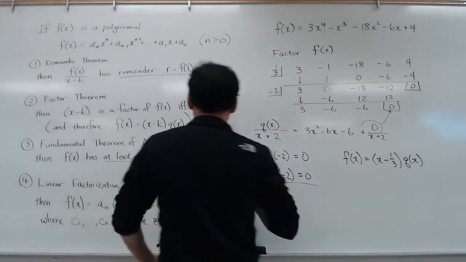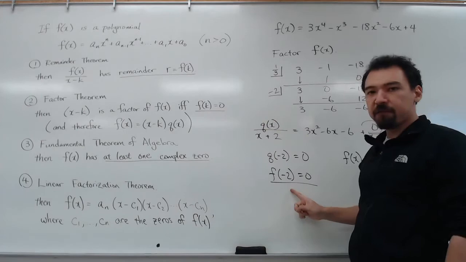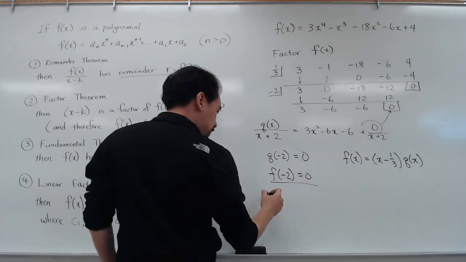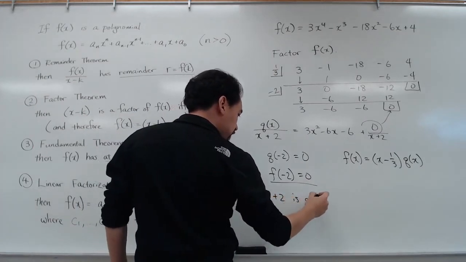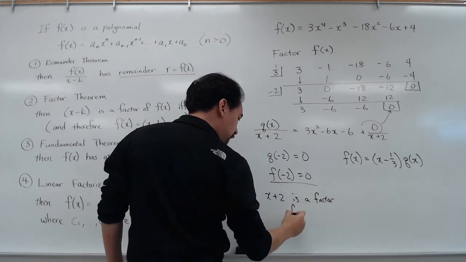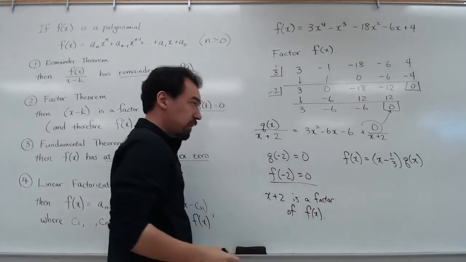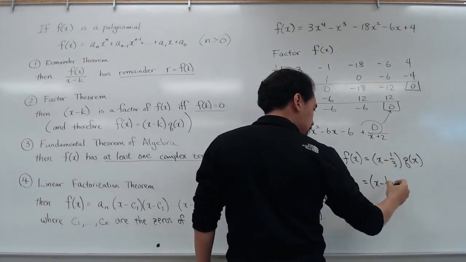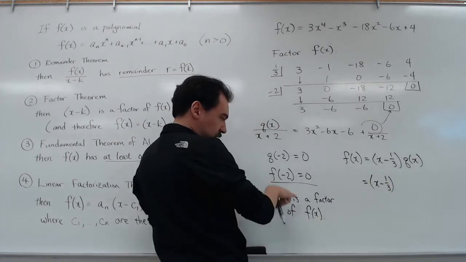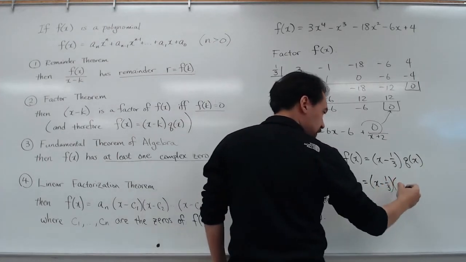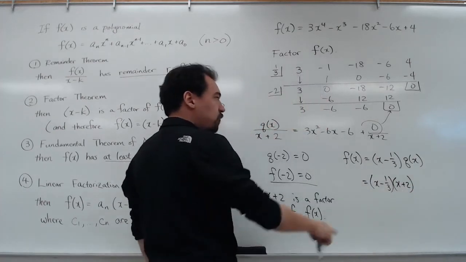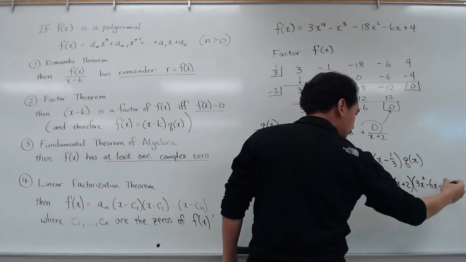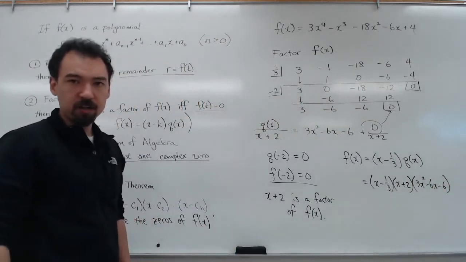Okay, so from here, we can now use the factor theorem to say, if we have found a 0, then we have found a factor of f of x. So we can say x plus 2 is a factor of f of x, which then means we can write this one more step as x minus 1/3 for the first factor, and then we have another factor, x plus 2, and then we have the quotient after all of this, 3x squared minus 6x minus 6, and there we are.